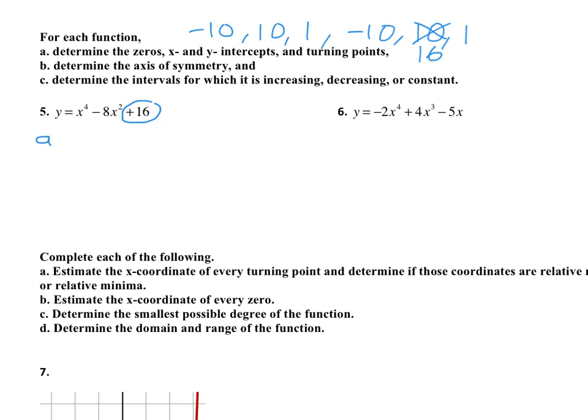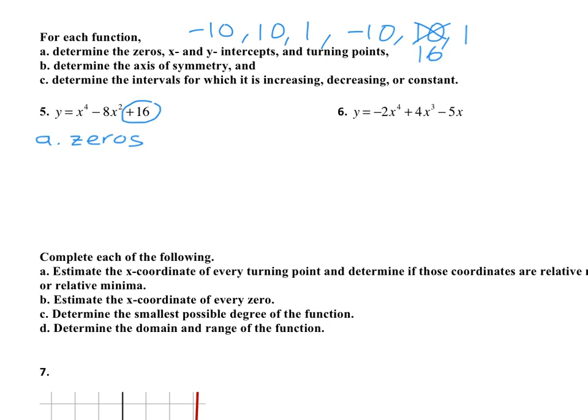Okay, so for part A, they want us to find the zeros. So zeros are x values that make y equal 0. So if you go to your graph, you can see there are 2 x-intercepts. All right, next to the button that says graph, there's a trace button. If you use the trace button, you can use the left arrow and the right arrow to try to get y close to 0.